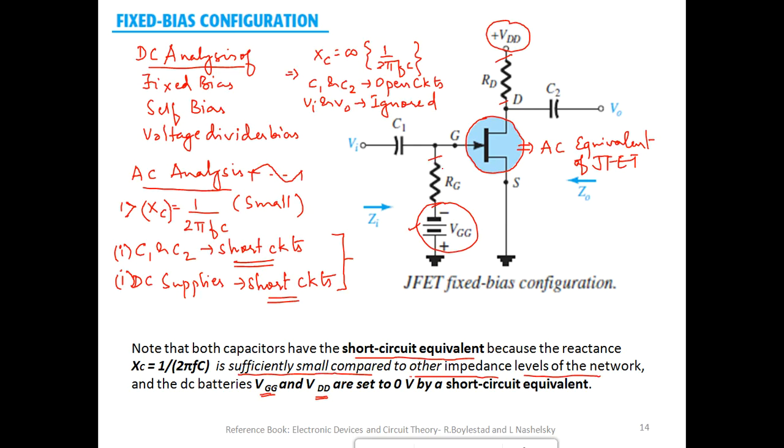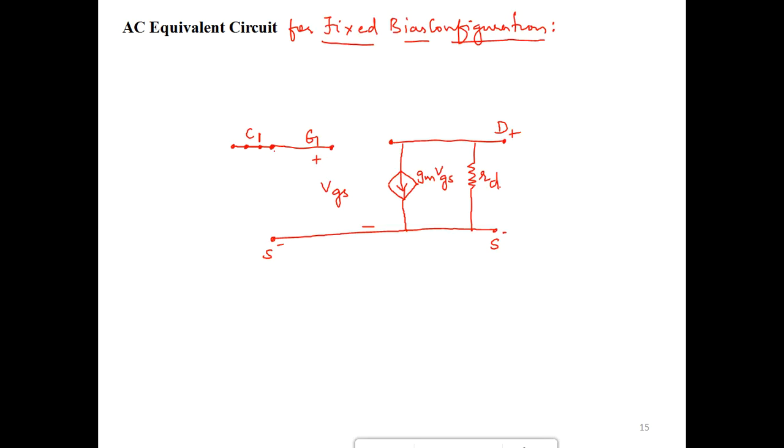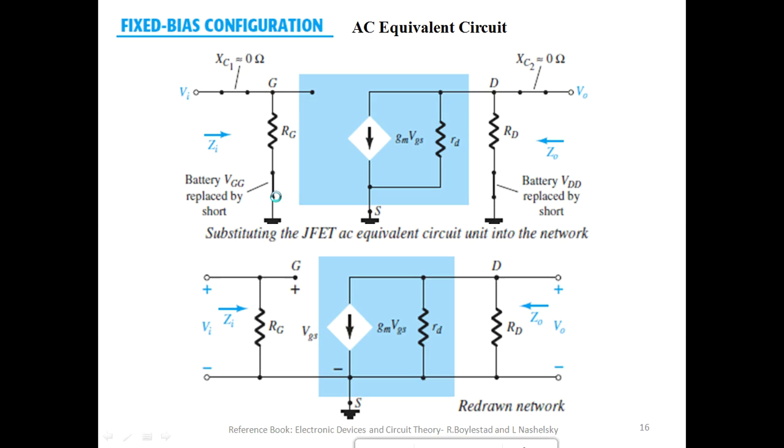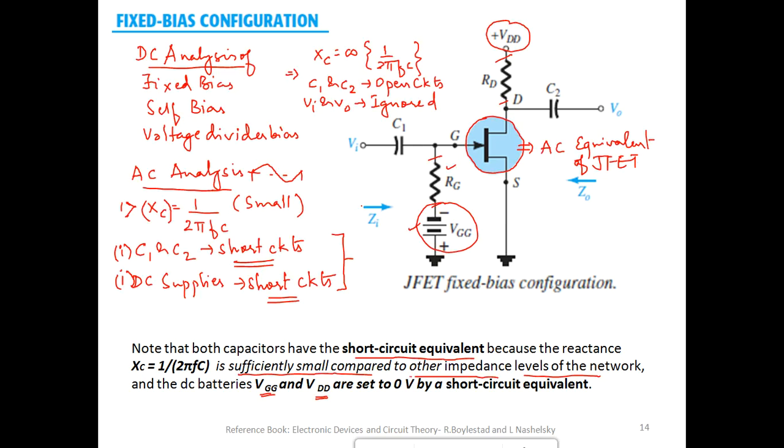We have the resistance RG which is in parallel. Further, what do we have? We have a DC supply VGG.